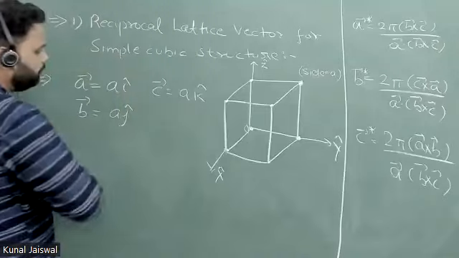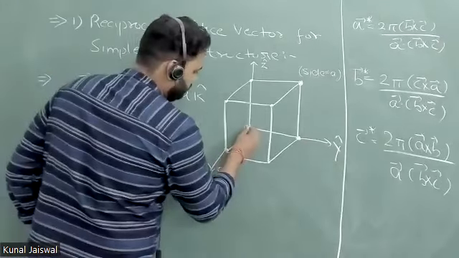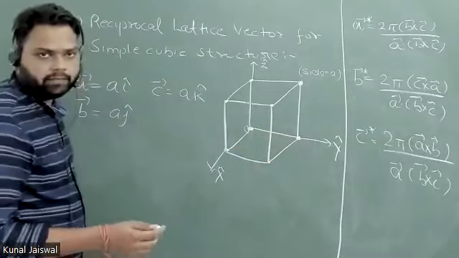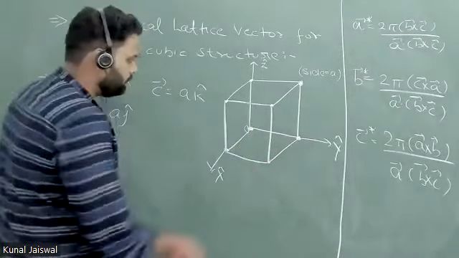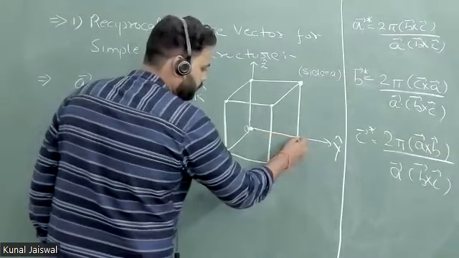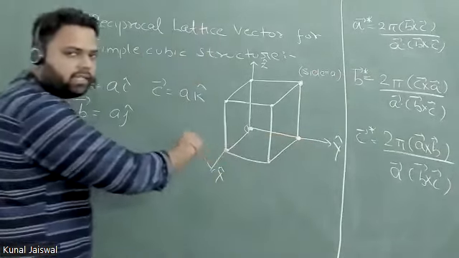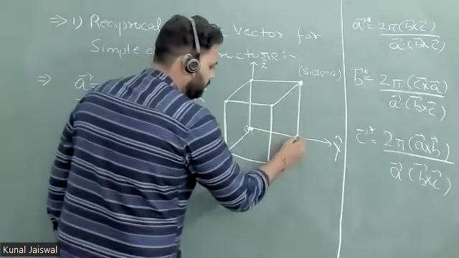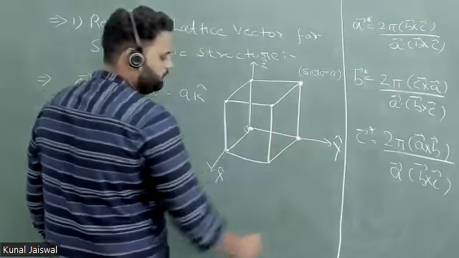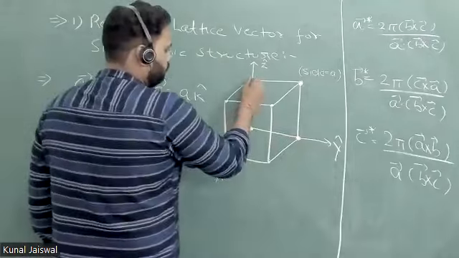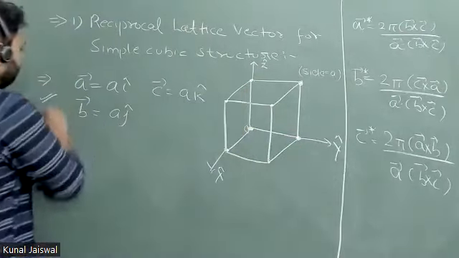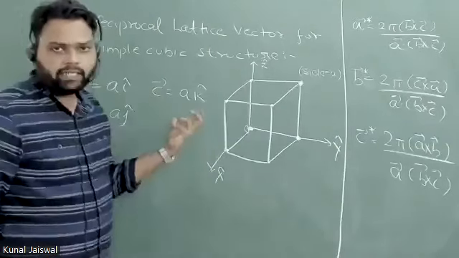Does everyone know how this comes about? Basically, just consider an origin and search out for the nearest neighbor. Again, search out for the nearest neighbor. What will its nearest neighbor be? It will be at a distance A. It's not that we took some random distance A, no. Just search out for the nearest neighbors, which are at a distance A. So, with the help of these three nearest neighbors, we are going to write the three direct lattice vectors.